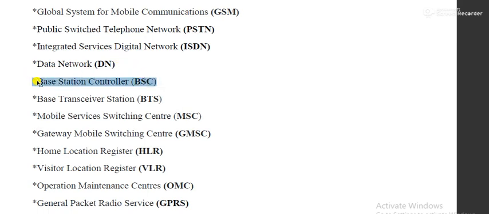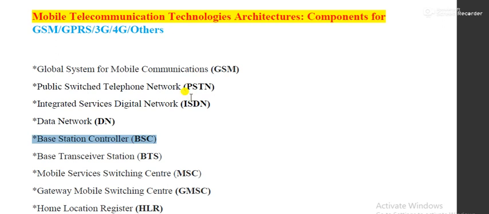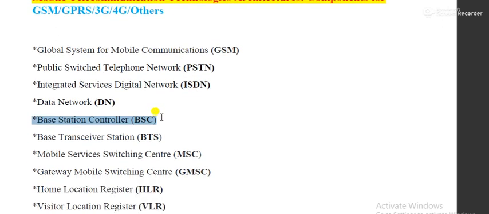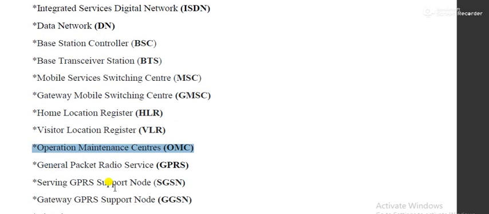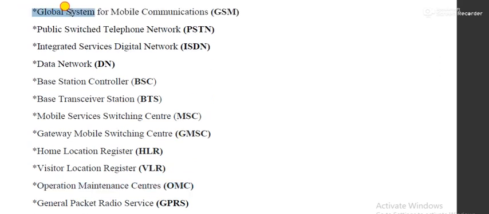Then we already learned the role of BSC, BTS, MSC, as well as GMSC, the home location register, the visitors location register, and the operation maintenance centers. We also already saw how GSM plays an important role in GPRS working.